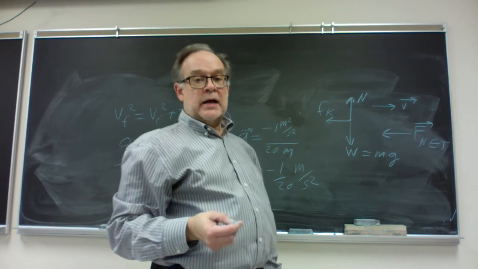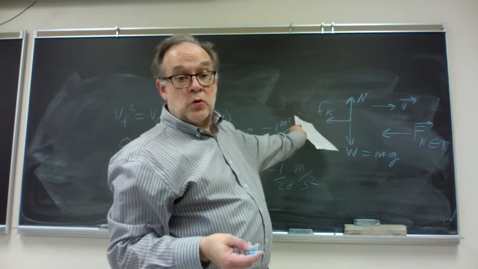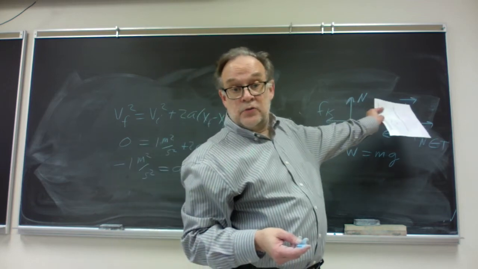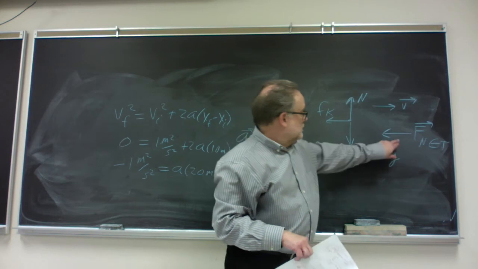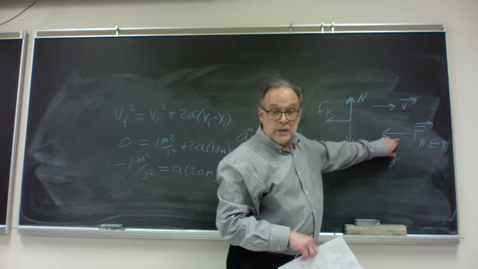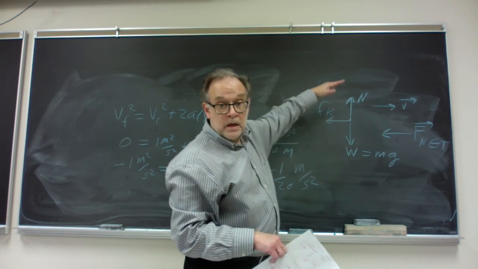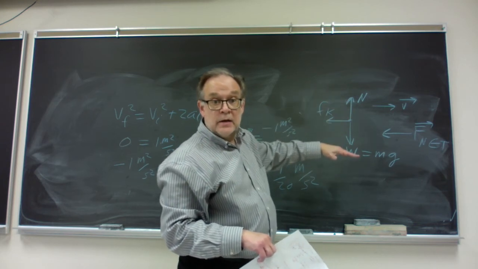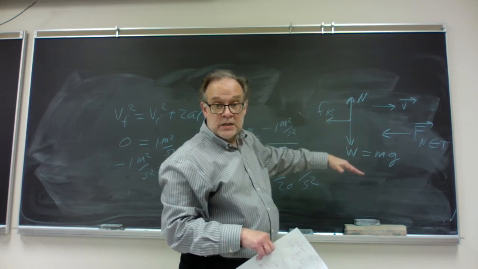You've got something sliding over a surface, so there's kinetic friction, and kinetic friction is always opposite to the velocity. So the net force is entirely horizontal, which again means the vertical component of net force is again 0, which again means that these two forces have to cancel out.